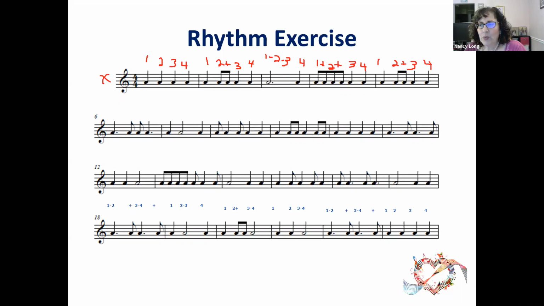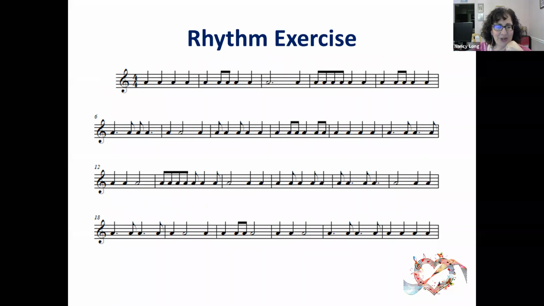So, questions? How do you feel? Do you feel like you picked up some things that you didn't know before, that you can use when you're reading music in your choirs? How are we feeling? Anything that you would like to go back to?